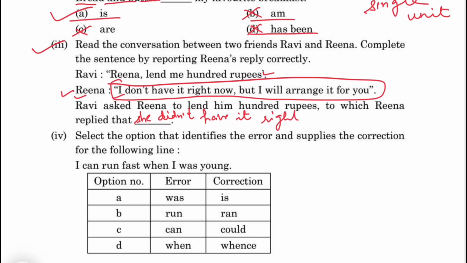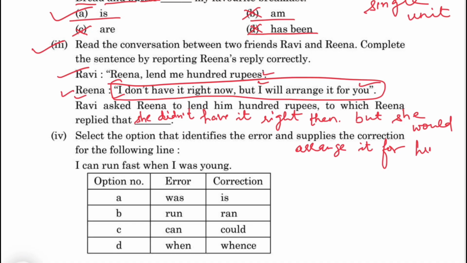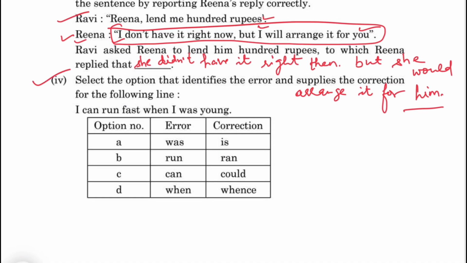It is the third person, will not change. Right now change into then. But once again, I change according to the subject. She will change into would. She would arrange it for you. You is the second person, change according to Ravi, him. So this is the correct answer.